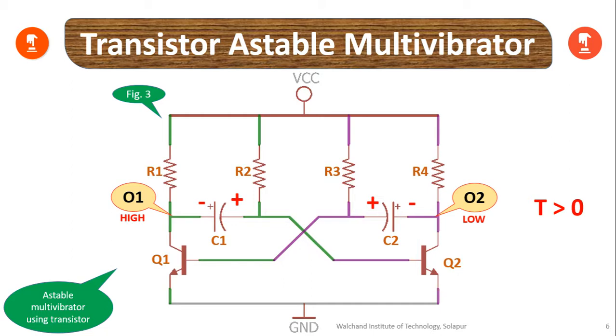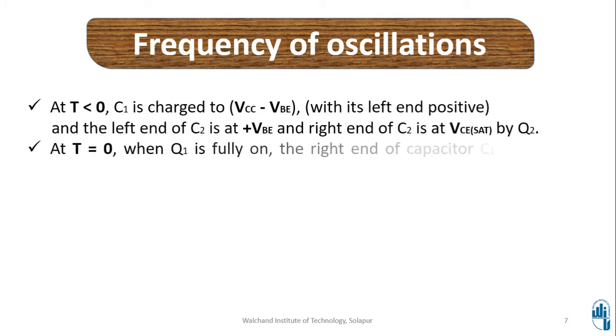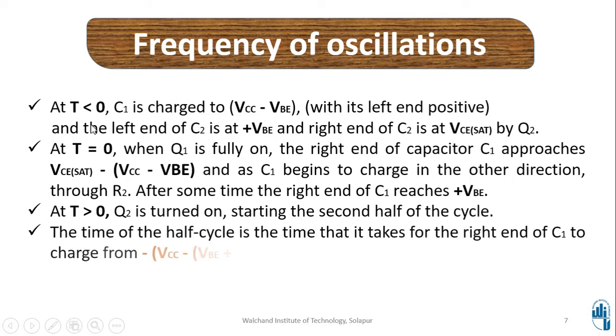Now let's have a quick look at how the frequency of oscillations can be obtained. In this, it is very clear that initially capacitor C1 holds some charge by having its left plate approximately equal to VCC minus VBE. This happens when t is less than 0.